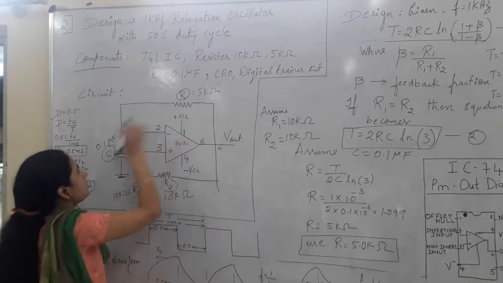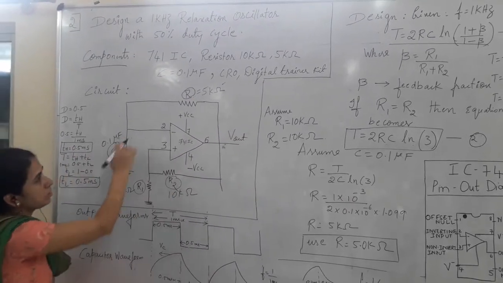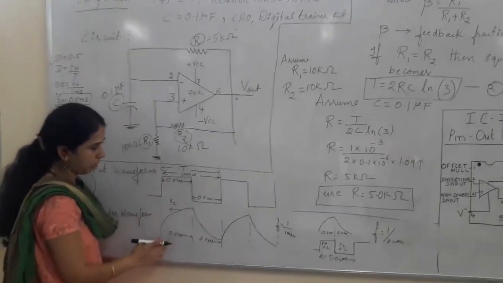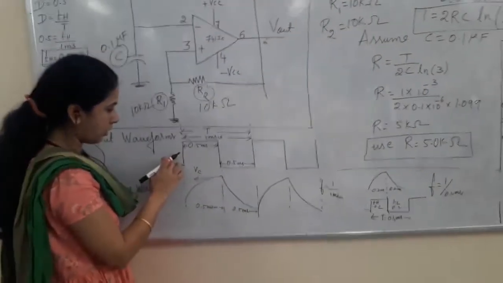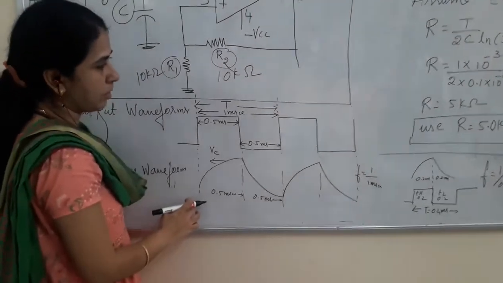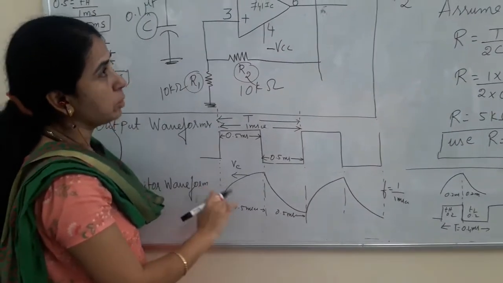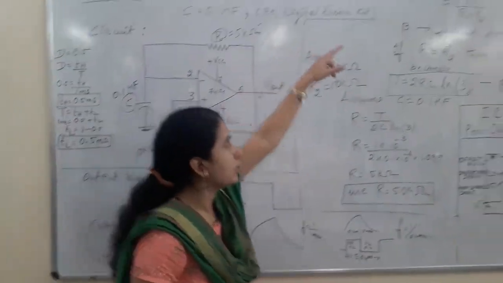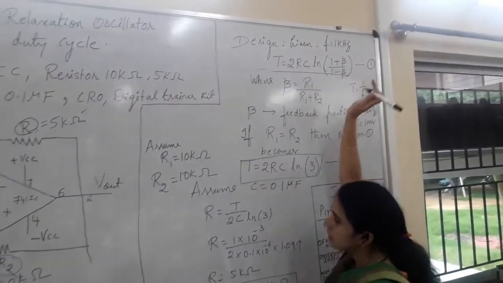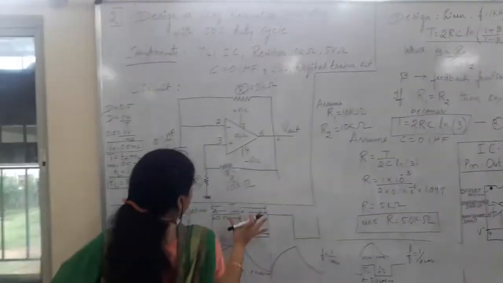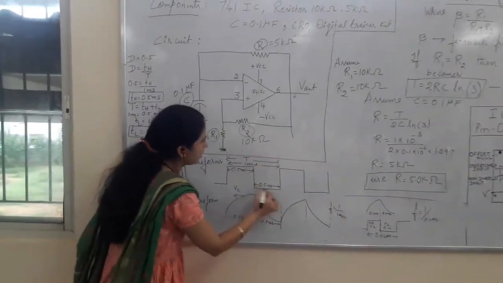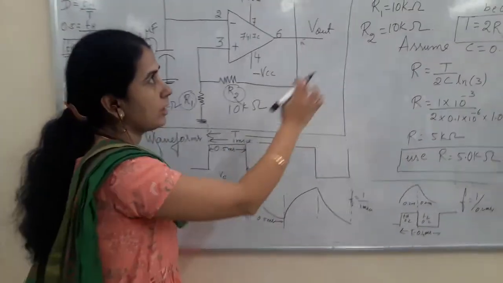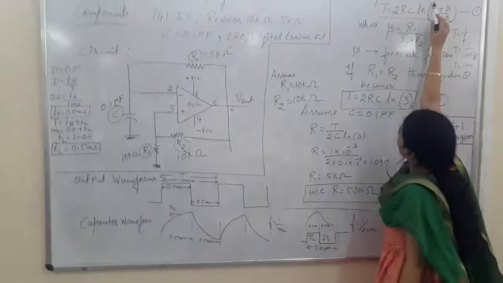Making use of these values, you need to get these two output waveforms. This is the oscillation output waveform and this is the capacitor waveform. After getting these two waveforms, you need to cross check whether the output waveform has a frequency of 1 kilohertz. That is, we have to measure the overall time period of this oscillation. If it is 1 millisecond, that indicates the frequency is 1 kilohertz.